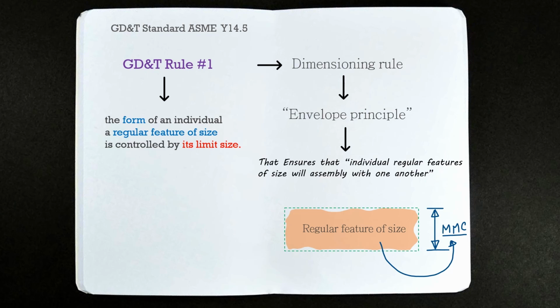The first question that may come to your mind is whether a regular feature of size and an irregular feature of size have the same status, the same power, or whether we should treat them equally. So no, GD&T Rule 1 only applies to a regular feature of size, not to irregular features of size.